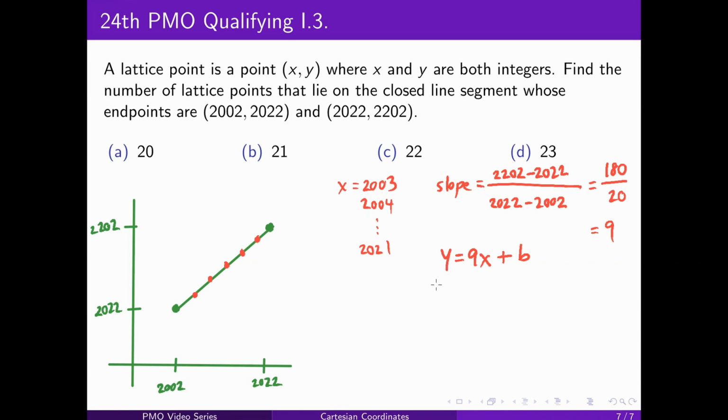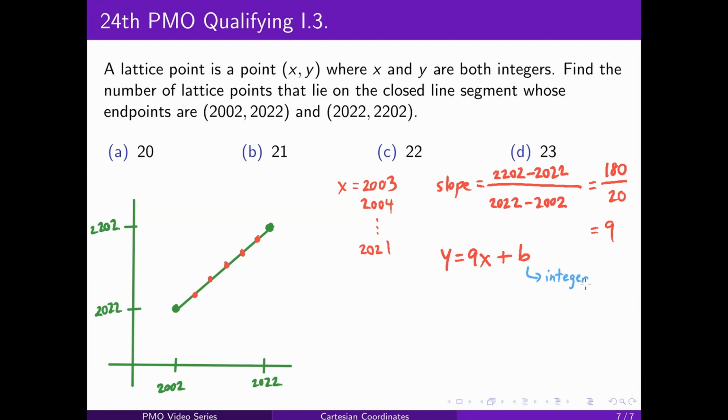So let's say you substitute x equals 2002 and y equals 2022. This would be a pretty big number. You'd find that b is equal to 18018 minus 2022. Pretty big value. But what's important is we observe this is an integer. So we know for sure b is an integer.